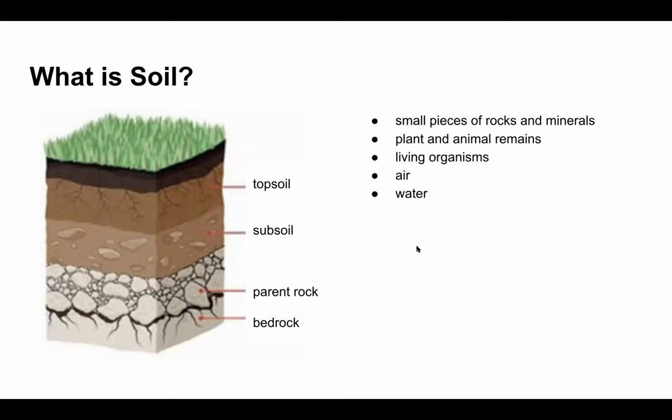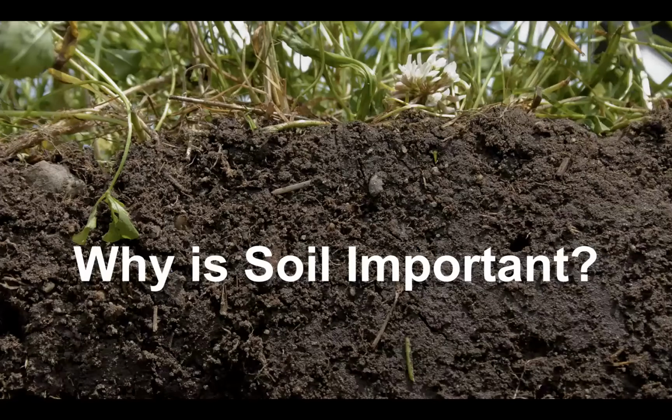Now, why is soil important? Soil is one of our most important natural resources. And this picture here shows one reason why. It's because soil gives plants a place to anchor themselves to the ground. If it weren't for soil, plants would just fall over because they wouldn't have any soil for the roots to anchor them to the ground, or they'd get blown away by the wind.